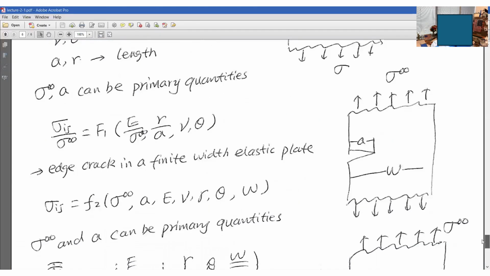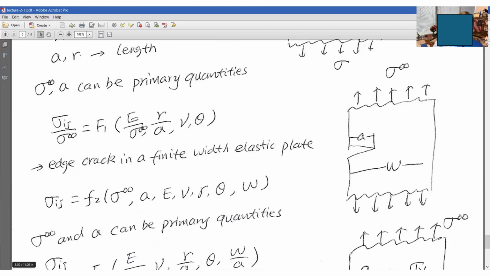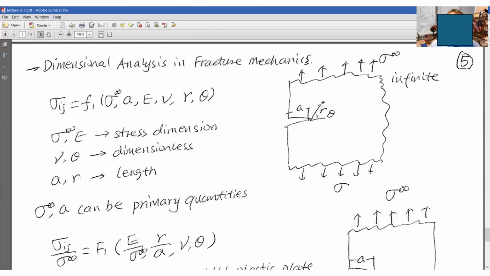For this one, we can write sigma ij as F2 of sigma infinity, which plays a very, very important role, no doubt, A, the crack length, Young's modulus of the material, nu, the Poisson's ratio of the material, R, the distance between the point of interest and the crack tip, and theta, the orientation, the angle between the horizontal axis and the line that connects the crack tip and the point of interest, right? So this is the same as the first example.